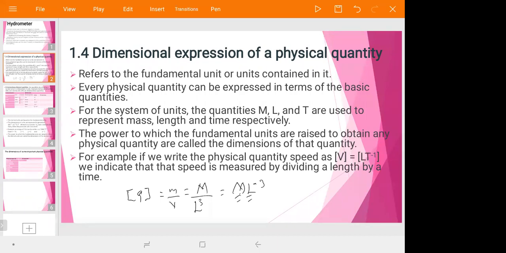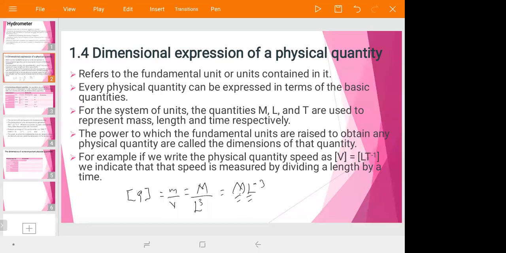Again, there is the dimension of velocity, speed, acceleration, etc. We will see. So every physical quantity can be expressed in terms of basic physical quantity. For example, if you take speed, it is expressed in terms of distance and time.